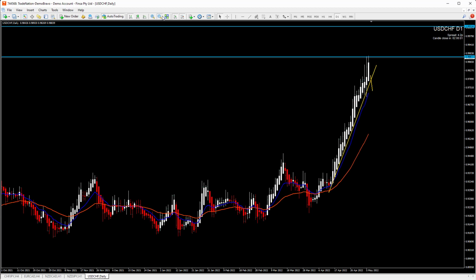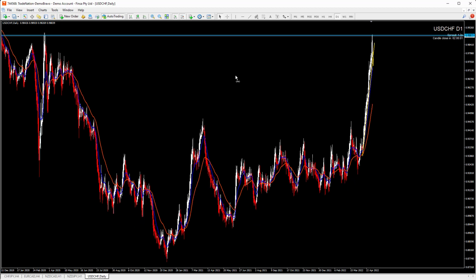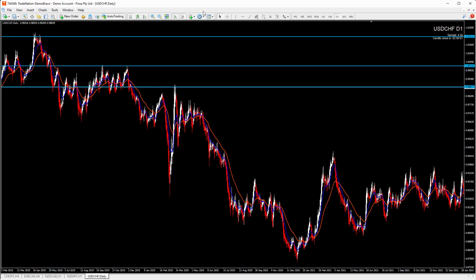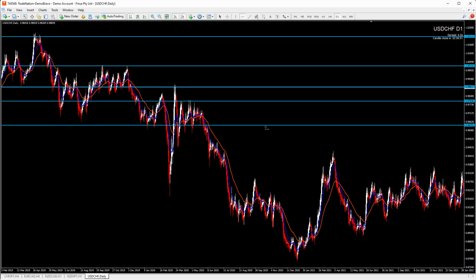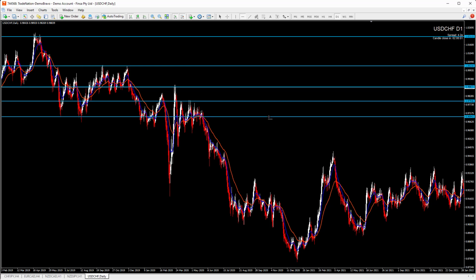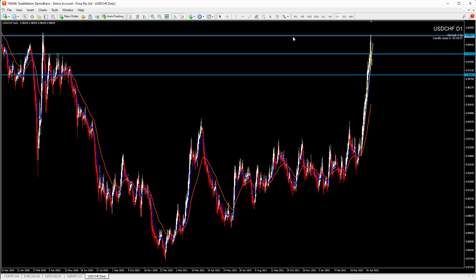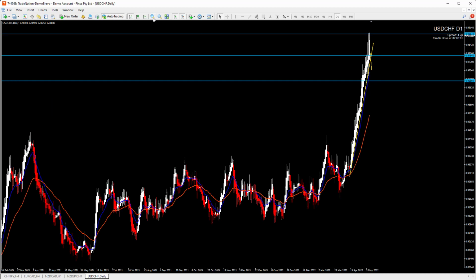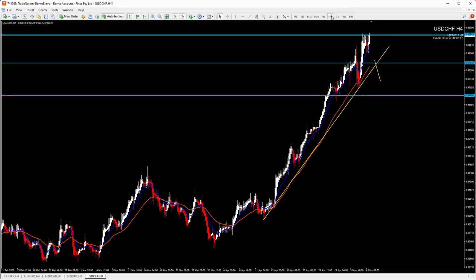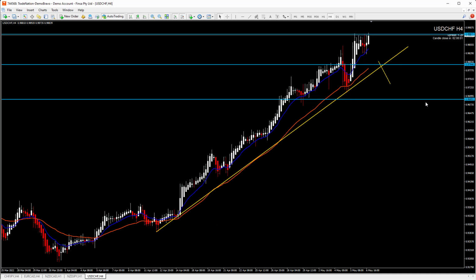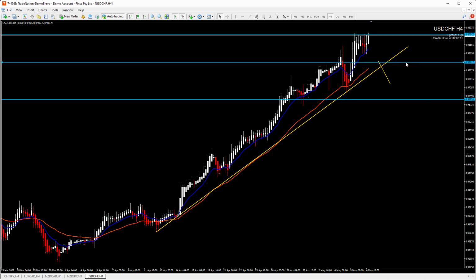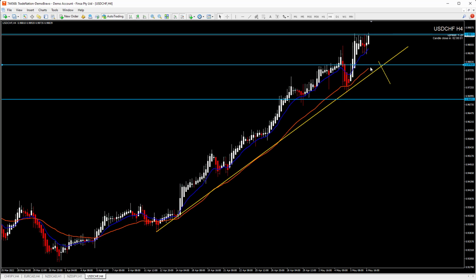In terms of the next support zone, it's really a difficult pair to draw lines on, but we can try. We have something around this zone, and we also have something around this. You see this whole area, so you can have two levels of support. If you go to lower time frames, you will see that this support zone is close to the 4-hour chart 36 CMA and this trend line.